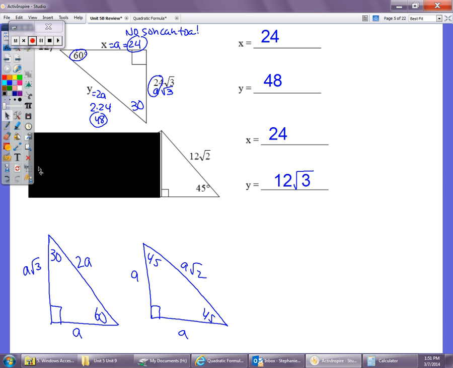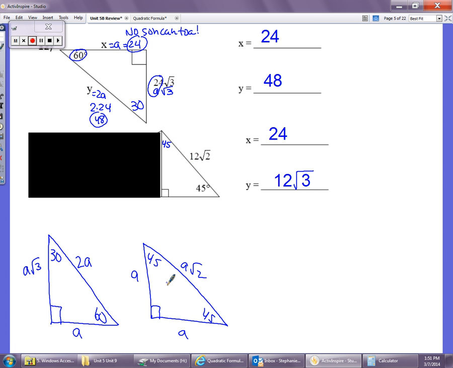It looks like this 45, 45, 90 here, you know that's a 45. So that means that if this is 45, 45, 90, the hypotenuse is a radical 2, and both sides are going to be a. So that means that a is going to be 12. Okay, so that takes care of that side.